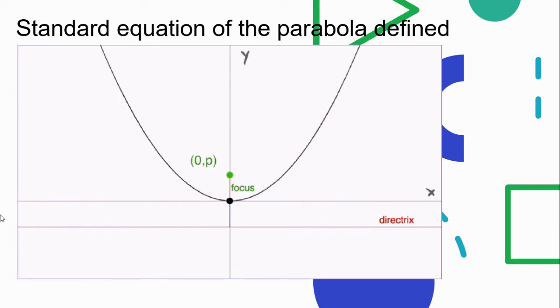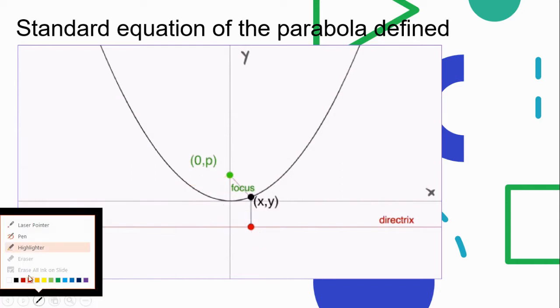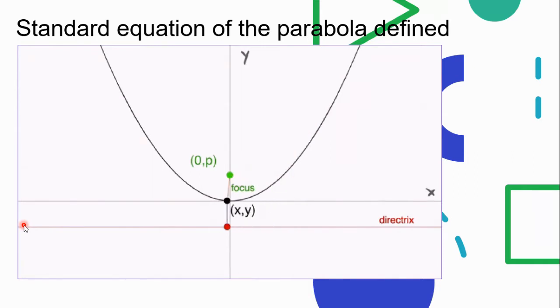So let's assume that our focus has the coordinates 0, p, assuming that our vertex is at the origin. Okay, so they have the same length. Assuming that our directrix has 0, negative p. Okay, and we have x, y as any point on the parabola.